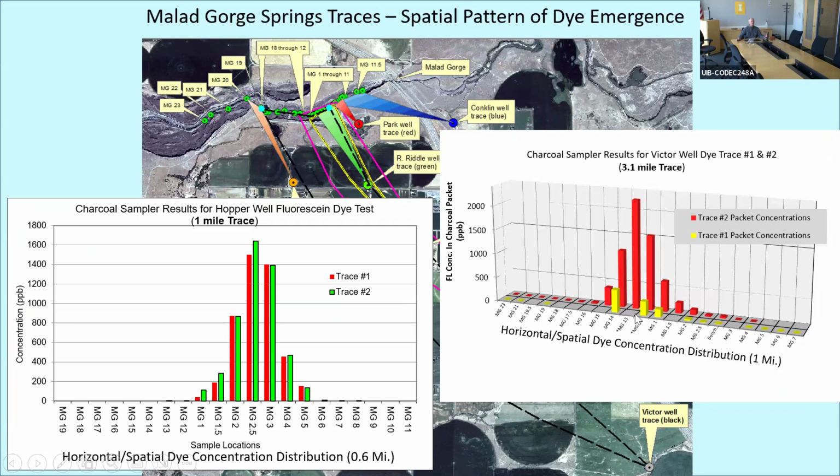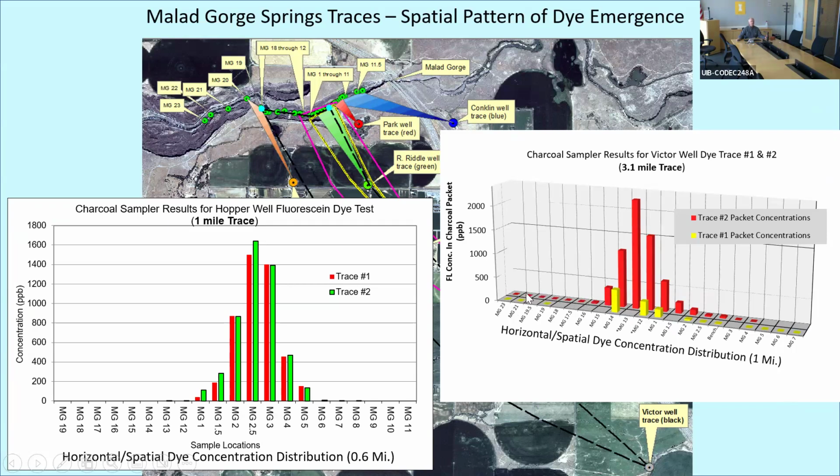We didn't sample here. We got a hit here and here, and we didn't sample that one, but we sampled these. And so we had this little more sporadic sampling across the Malad Gorge, and that distance is 1 mile from left to right. But we learned how fast the dye came through and where it came through, which springs.